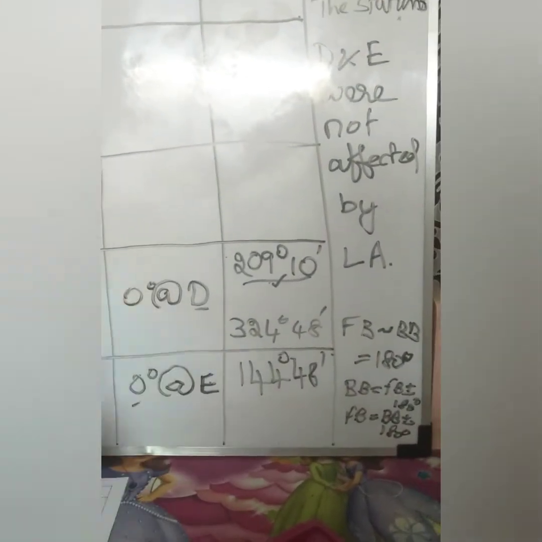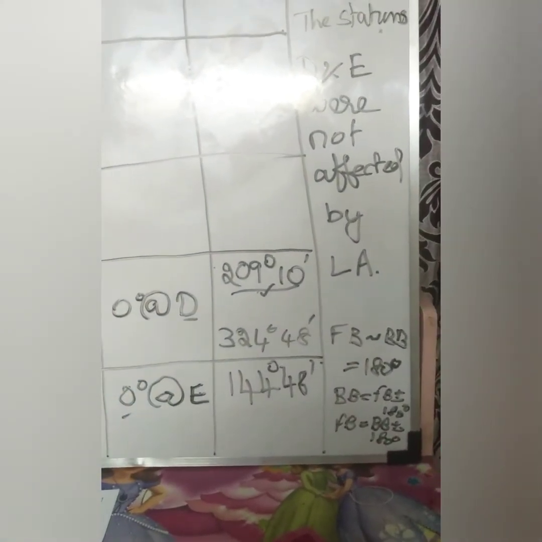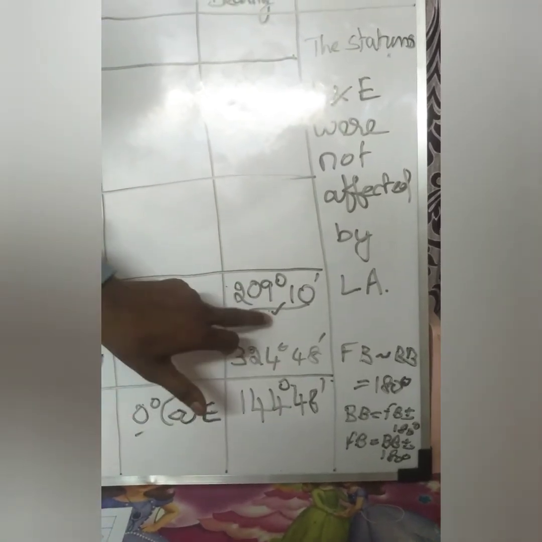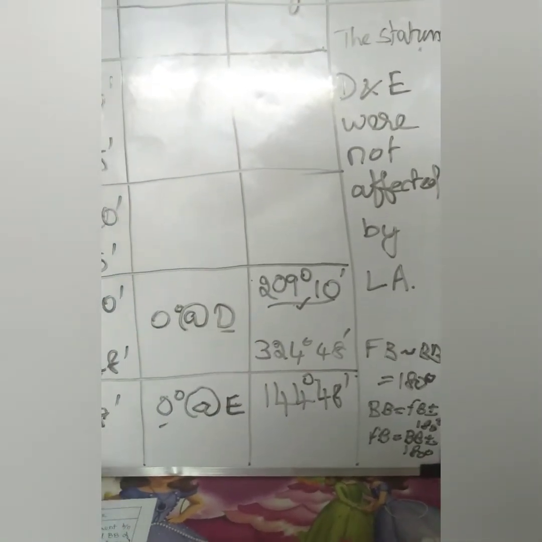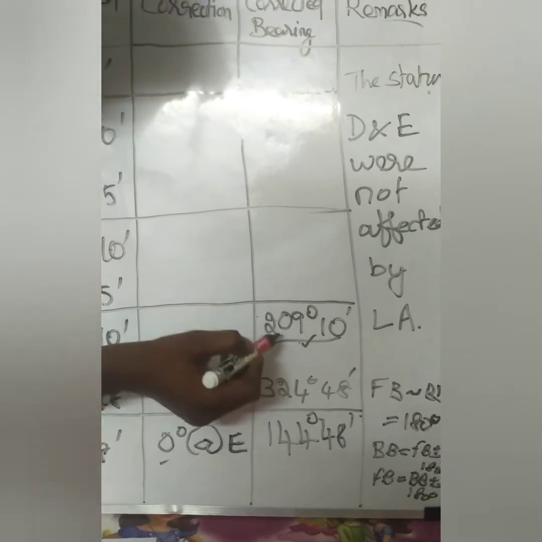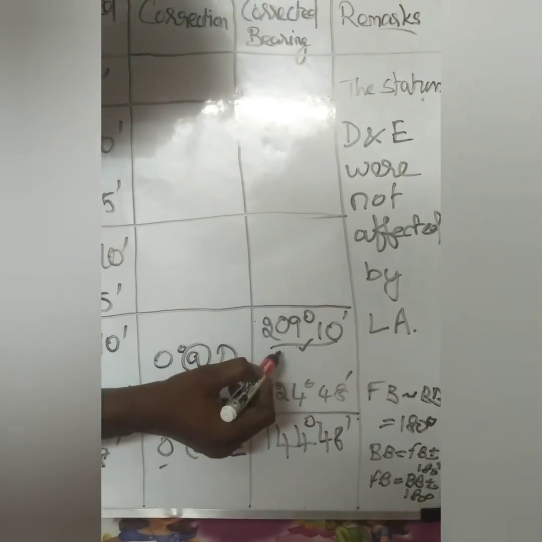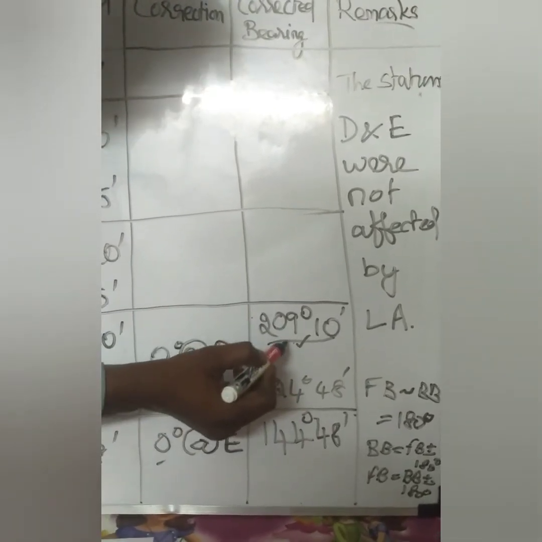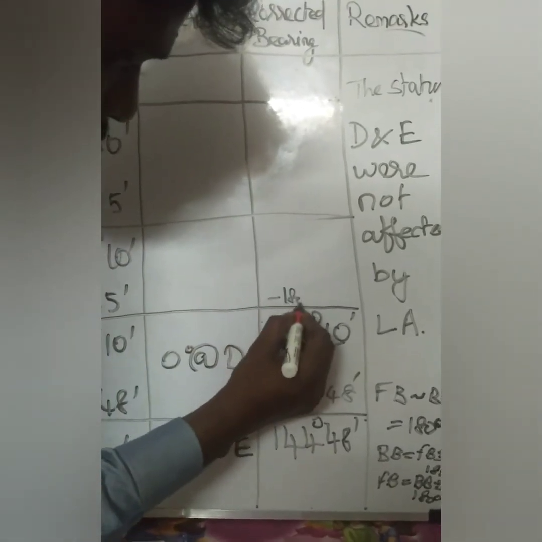I know the back bearing of line CD is 209 degree. What is the forebearing? Forebearing equal to back bearing plus or minus 180 degree. Here the corrected value, 209 degree, is greater than 180 degree, so we subtract 180 degree from the corrected one. 209 degree 10 minutes minus 180 degree.